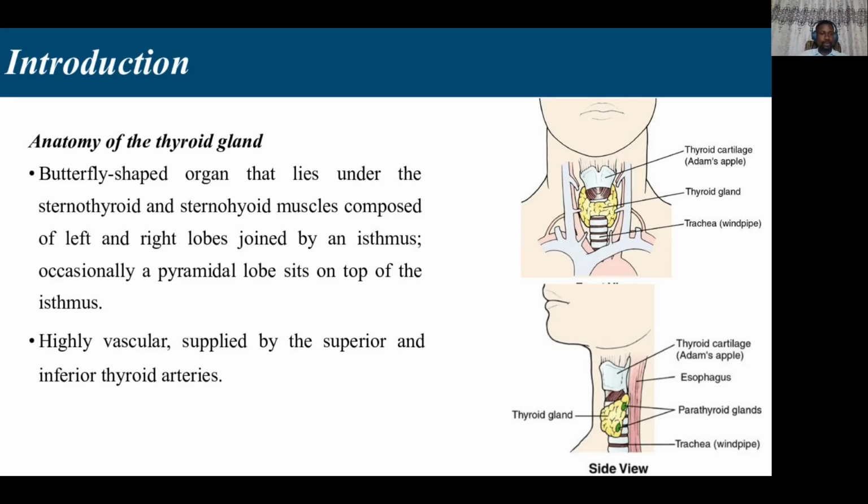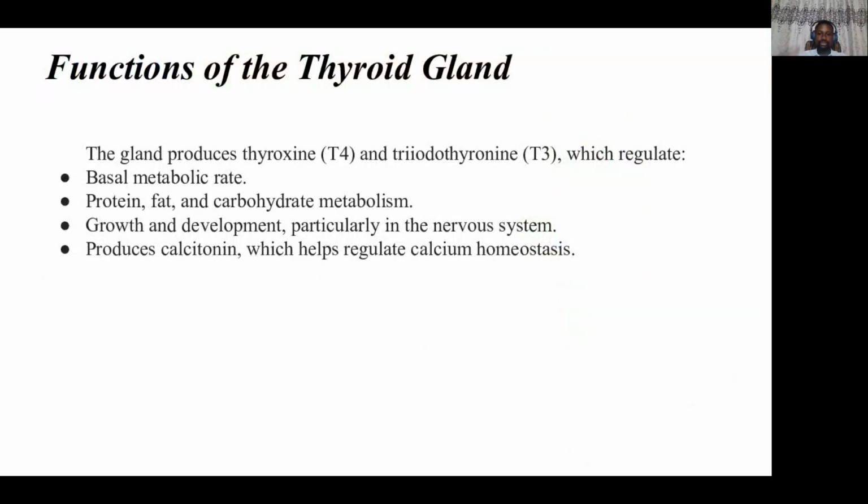Okay. Now moving briefly to the functions of the thyroid gland, because knowing the function of the thyroid gland will give us an idea of the extent of presentation and damage a disorder of the thyroid gland could cause.